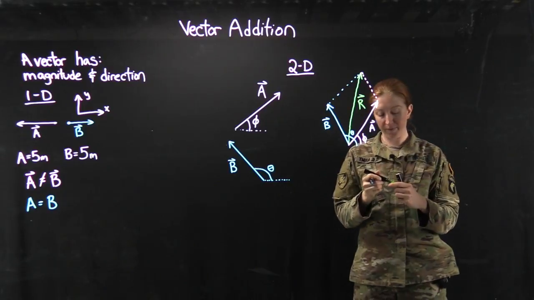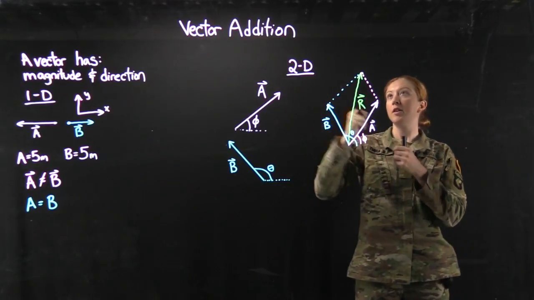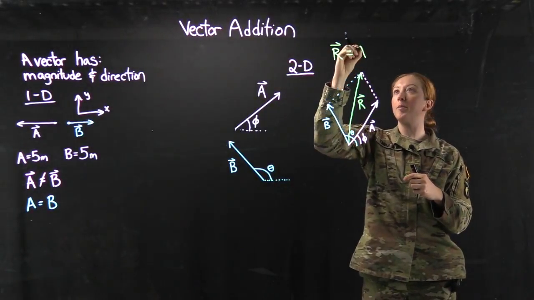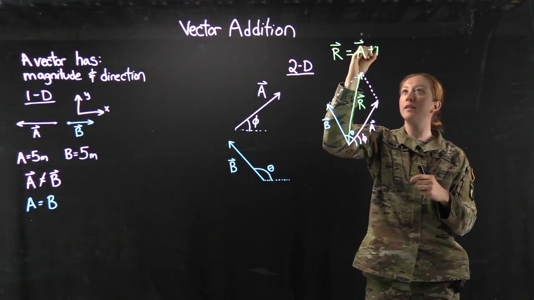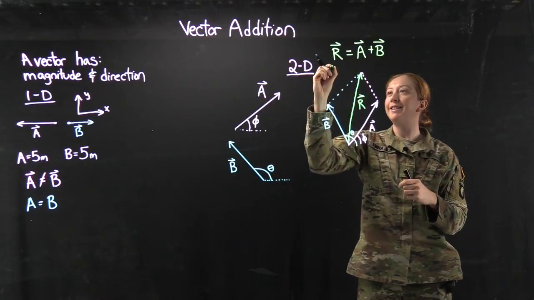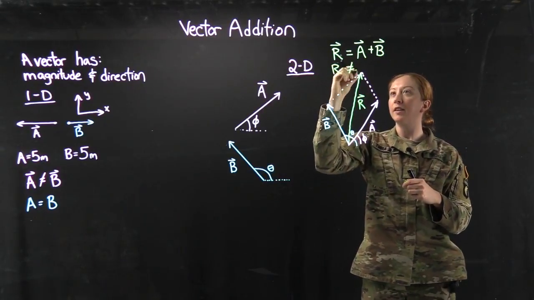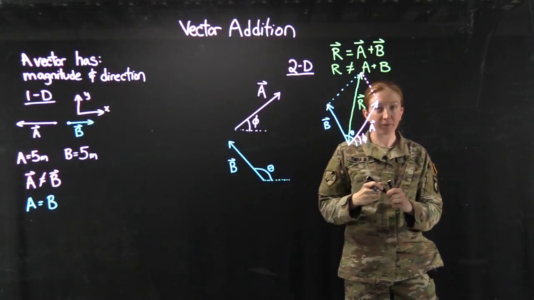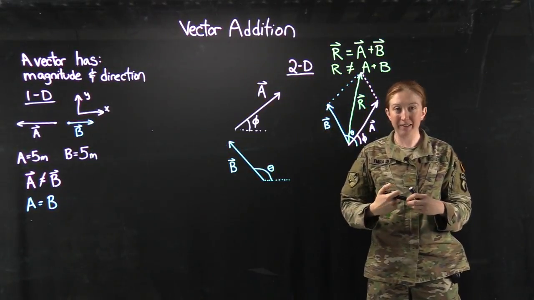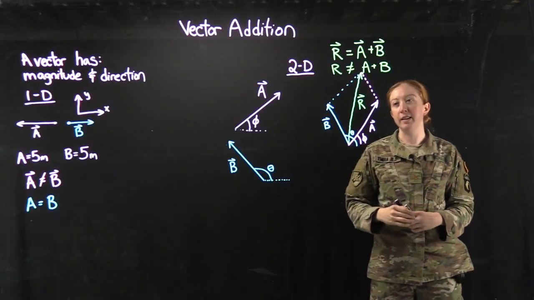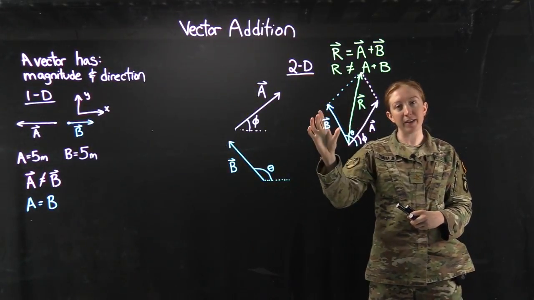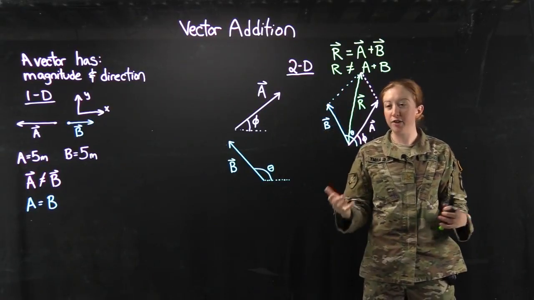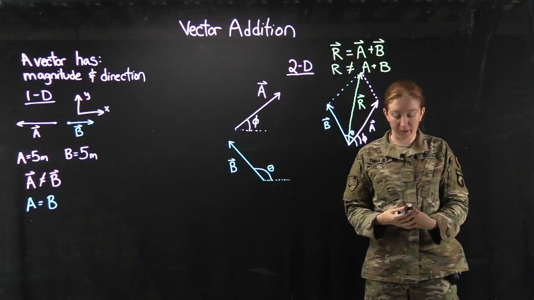We'll call that R. It's important to note that while R is the sum of A plus B, R is definitely not the sum of the magnitudes of A plus B. That's probably one of the biggest mistakes that we see in physics, is folks just try and add A and B to come up with their resultant, without giving any heed to the fact that they have angles here.